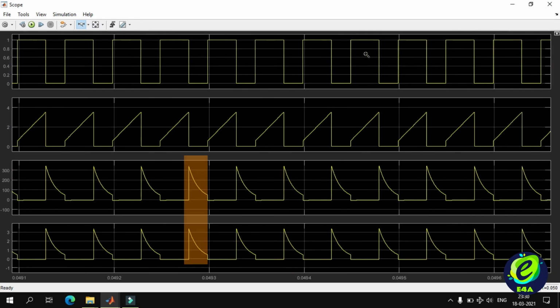It can be seen that there is no change in the waveforms after placing the blocking diode.